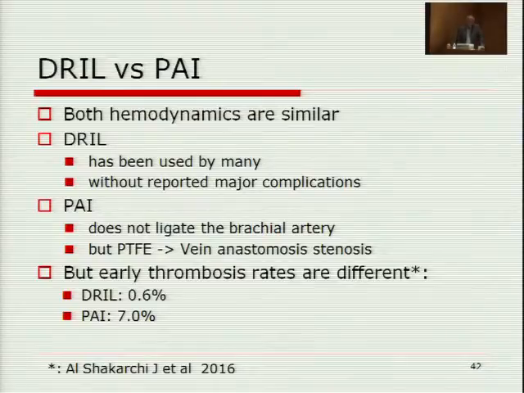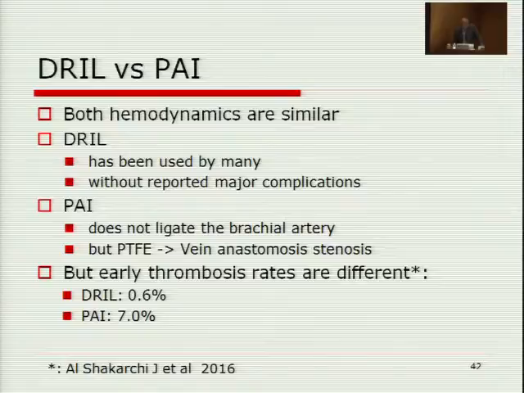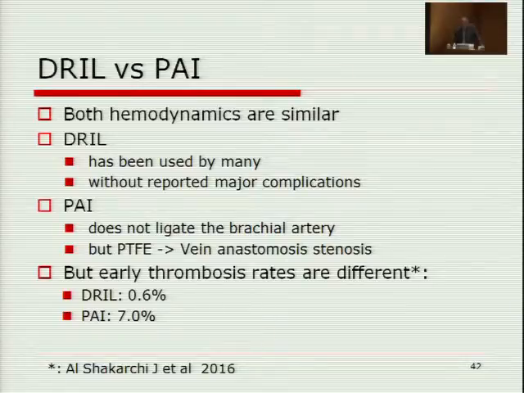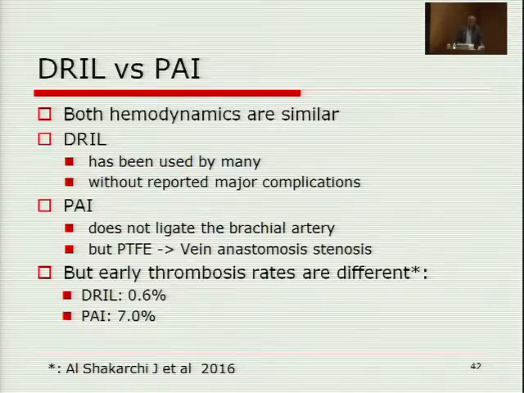So we have to discuss DRIL versus PI. From a hemodynamic point of view, both are almost similar. DRIL has been used by many surgeons without reported major complications, but you know that surgeons rarely report major complications.